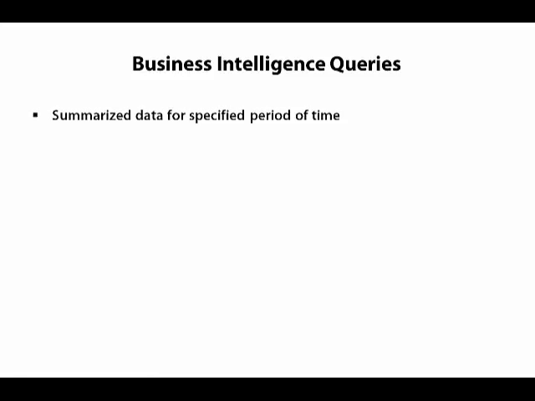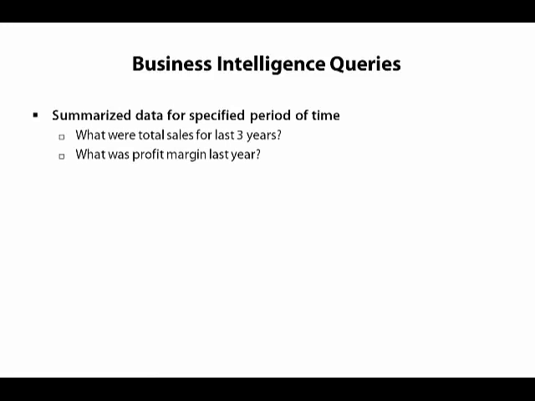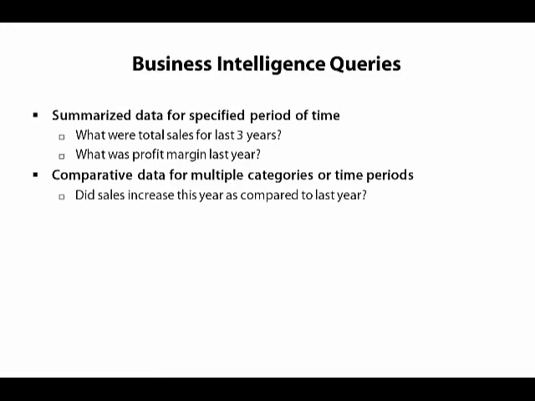For example, our users want summarized information for a particular point in time, such as the total sales across a certain number of years, or the profit margin for last year. Or they want to answer questions that require comparative data from multiple groups of information or time periods, such as the difference between sales this year and last year, or breaking down the sales last year to see the profit margin by product category.